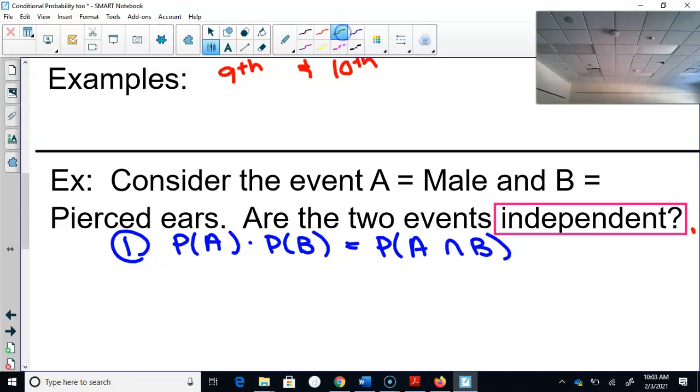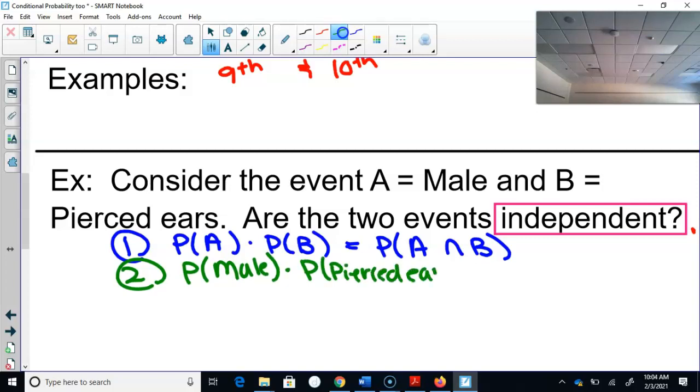Okay, step 2, let's actually fill in what A and B are. The probability of being a male, identifying as male, times the probability of having pierced ears has to equal the probability of being male and having pierced ears.